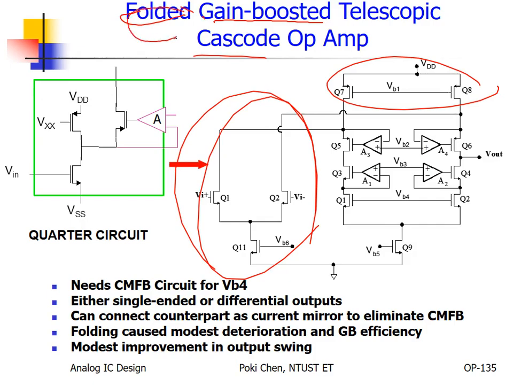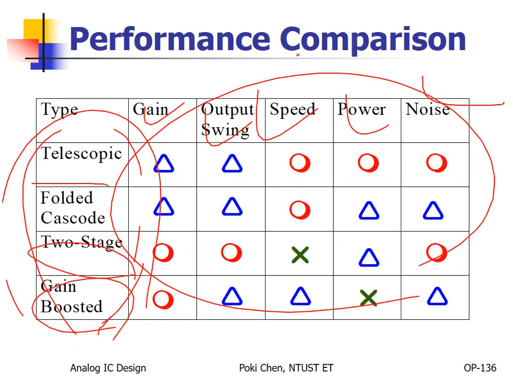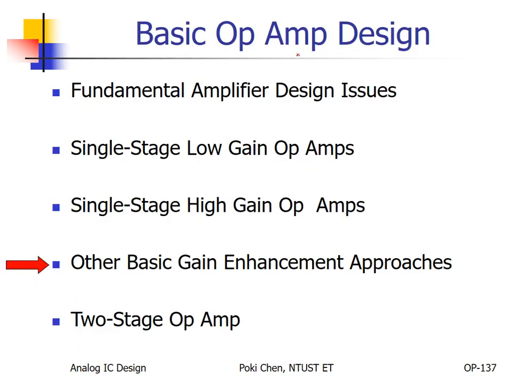Folded is not for gain boosting. No, that is for operation range enlargement. But for gain boosting, gain boosted, cascode, those are good to enhance the gain. Right? If you are not happy, then we can go further.